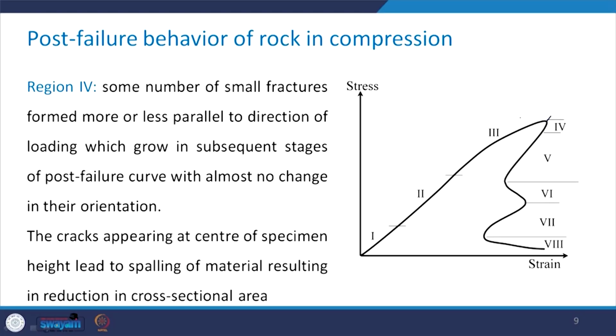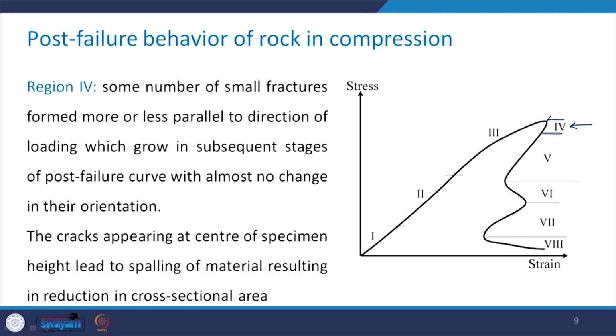Now, what happens? You have reached the peak at the end of zone 3. So, wherever there is a transition between zone 3 and 4, somewhere you have got the peak. Now, what happens in region 4? That is this region from here to here. Some small fractures are formed more or less parallel to the direction of the loading.